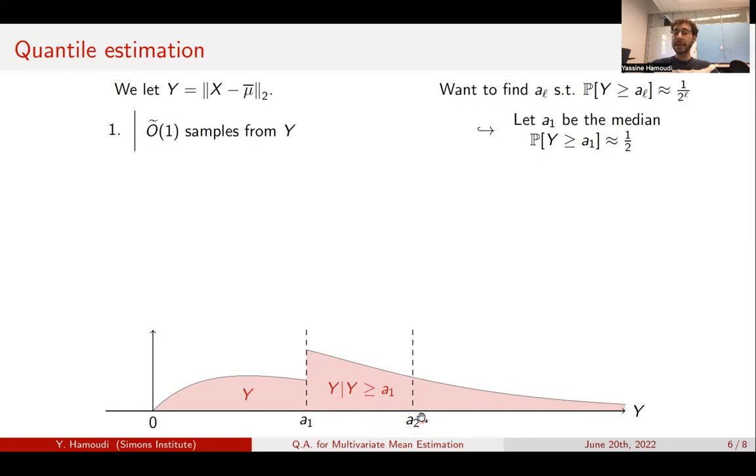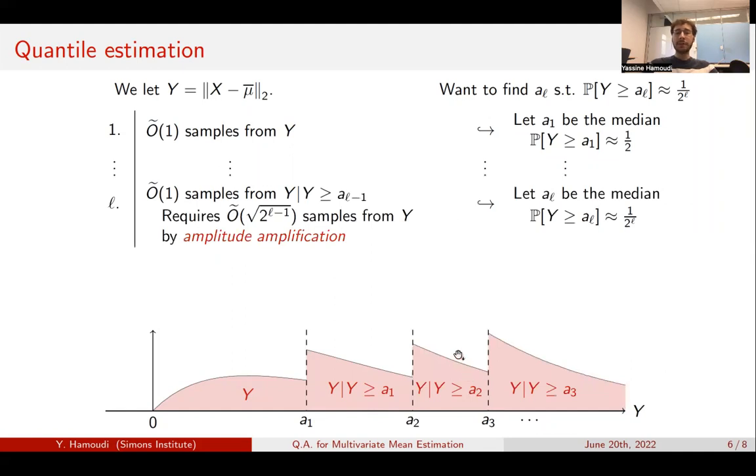So again, it means that A2 can be obtained by taking a constant number of samples from the conditional distribution obtained by renormalizing the random variable y. And then we can continue like that. So A3 can be obtained as the median of the distribution conditioned on being larger than A2, etc.